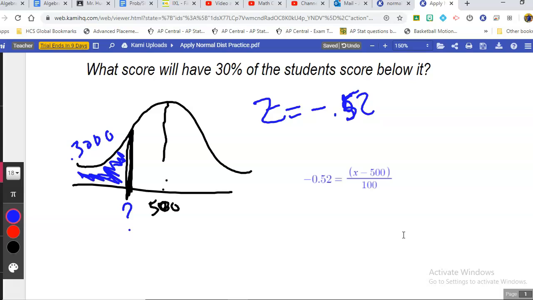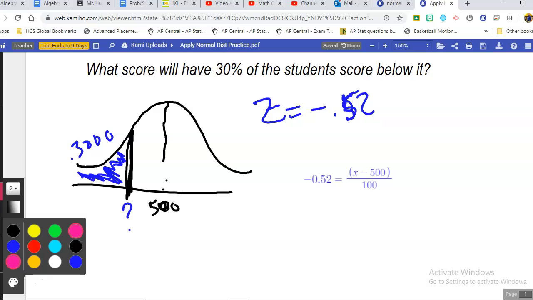And now we're just going to solve this equation. We start off by multiplying 100 to both sides, to cancel that out. So we'll multiply 100 over here, and we'll multiply 100 over here. That's going to give me negative 52, and that would be equal to X minus 500.